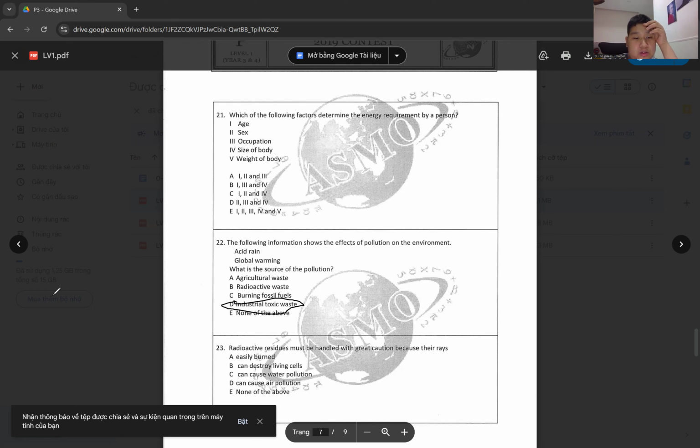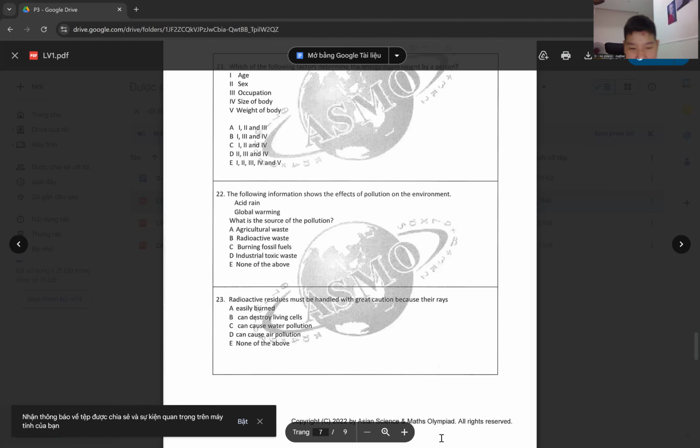All right, so radioactive residues must be handled with great precaution because the rays are really easy to destroy cells.